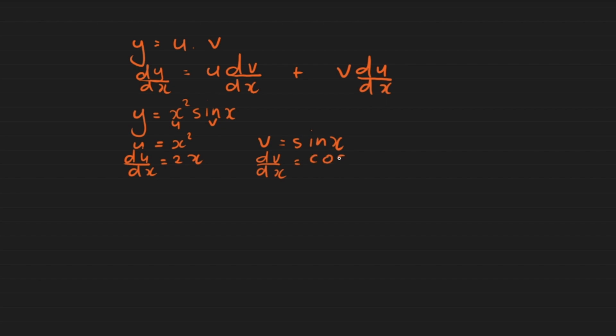Applying the product rule, what we get is dy/dx is equal to, firstly, u, and u is x squared, multiplied by dv/dx, and dv/dx is cos x. Added to this is v, which is sin x, multiplied by du/dx, and du/dx is just 2x. That's how we would find the derivative using the product rule.